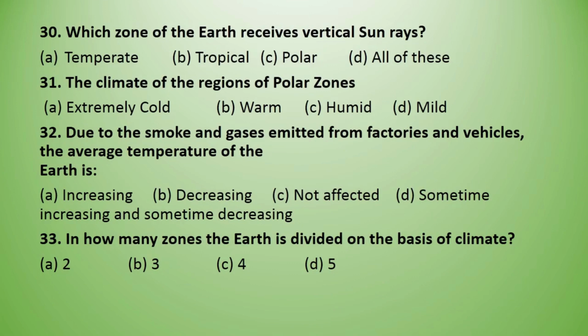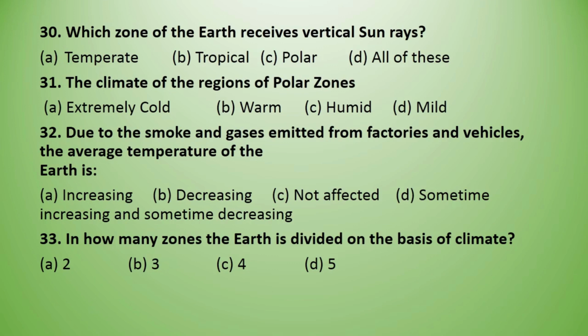A. Temperate, B. Tropical, C. Polar, D. All of these. Answer is B. Tropical. 31. The climate of the regions of polar zones is A. Extremely cold, B. Warm, C. Humid, D. Mild. Answer is A. Extremely cold.